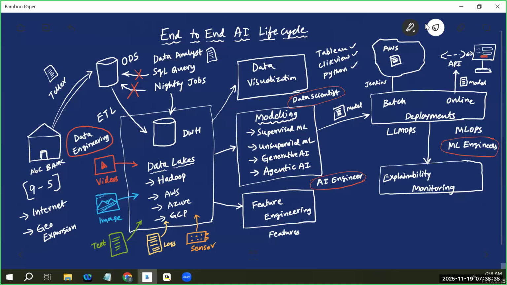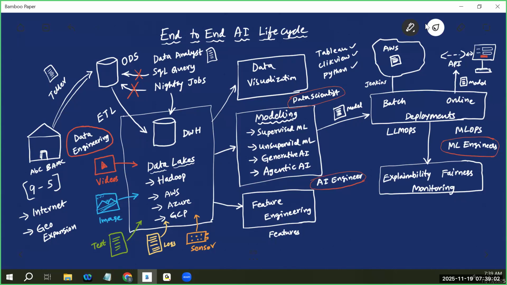And there is something called fairness. In fact, I'm doing a doctorate on this. My doctoral thesis is on fairness, privacy, and ethics of generative AI applications in banking.